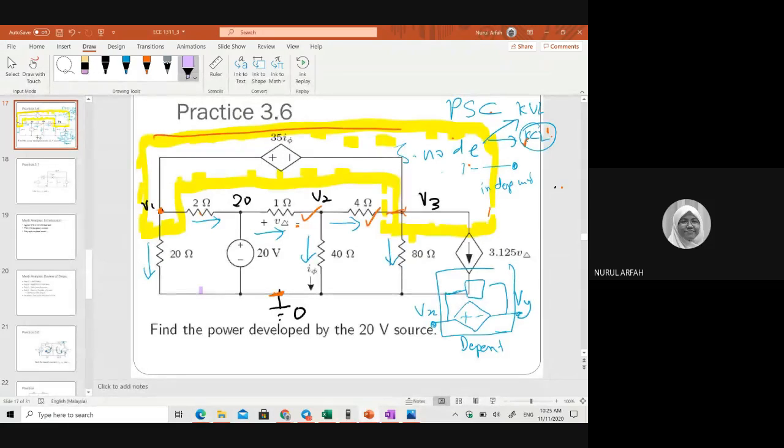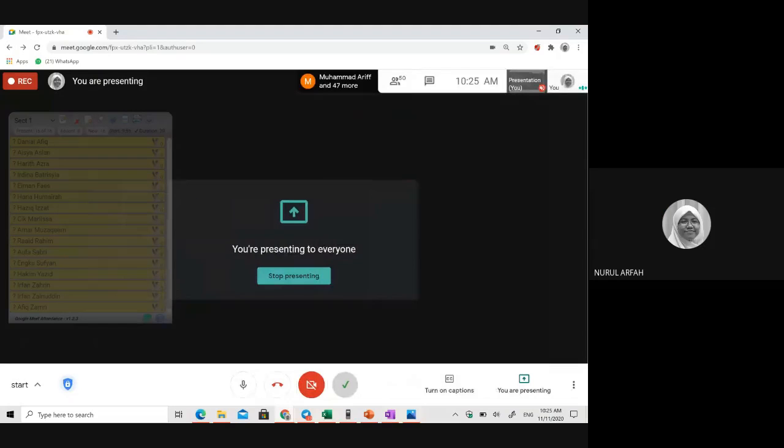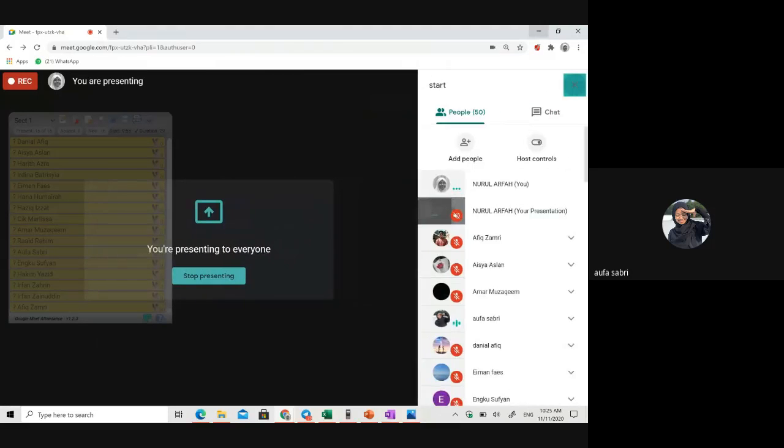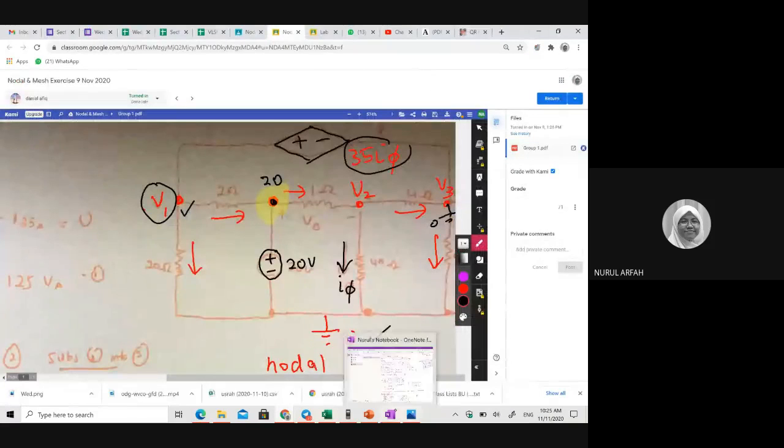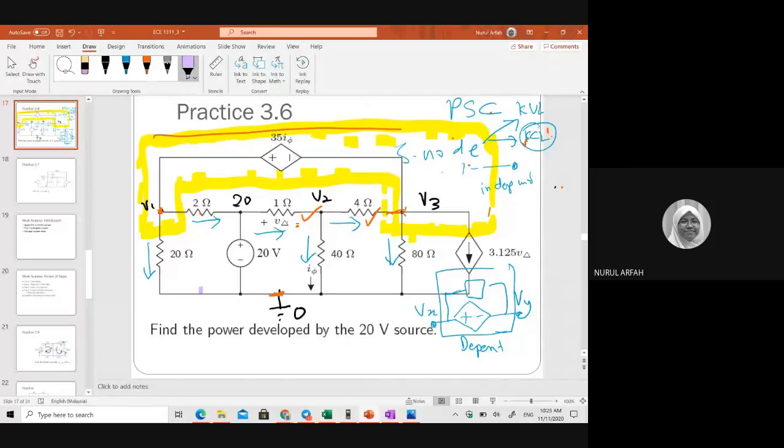How many enter and how many leave? Okay, next. 1 enters, 3 leave. Yes, correct. Alpha, good. Okay, good. Someone has saved us. 1 enters and 3 leave.